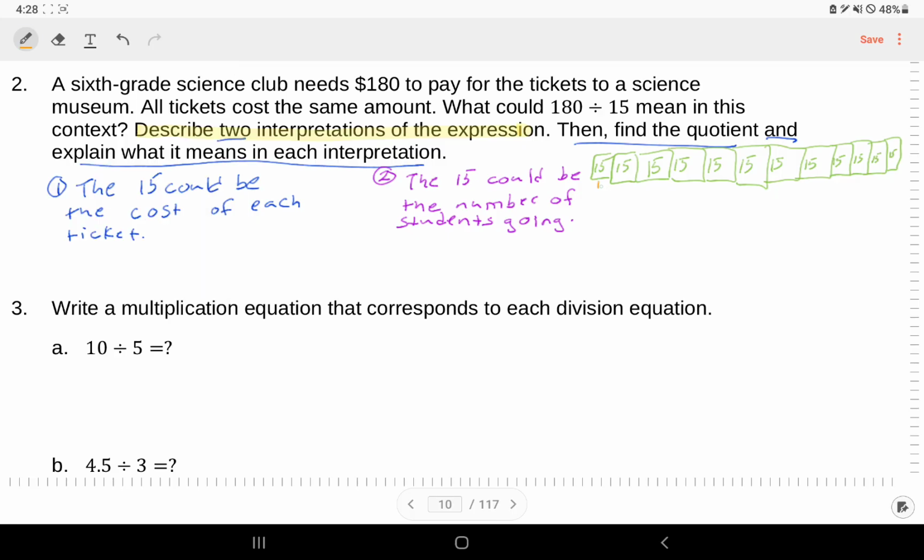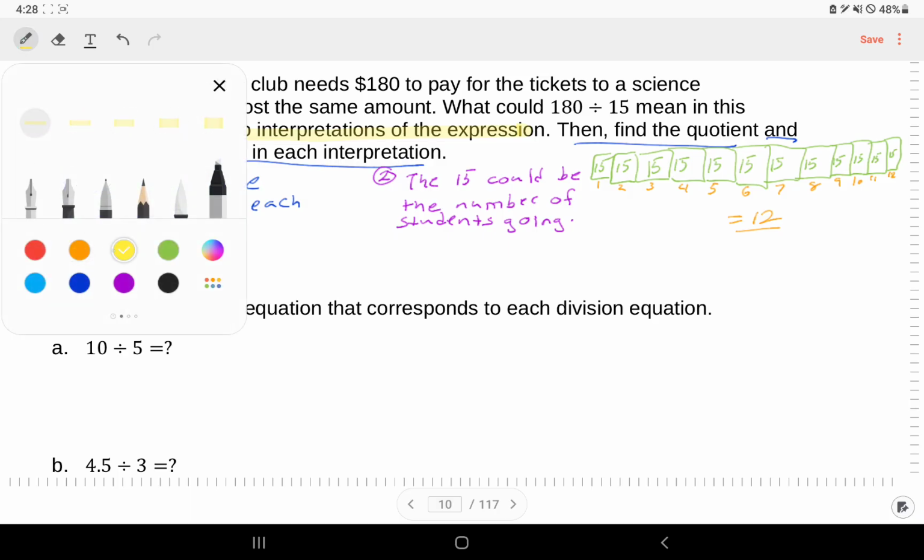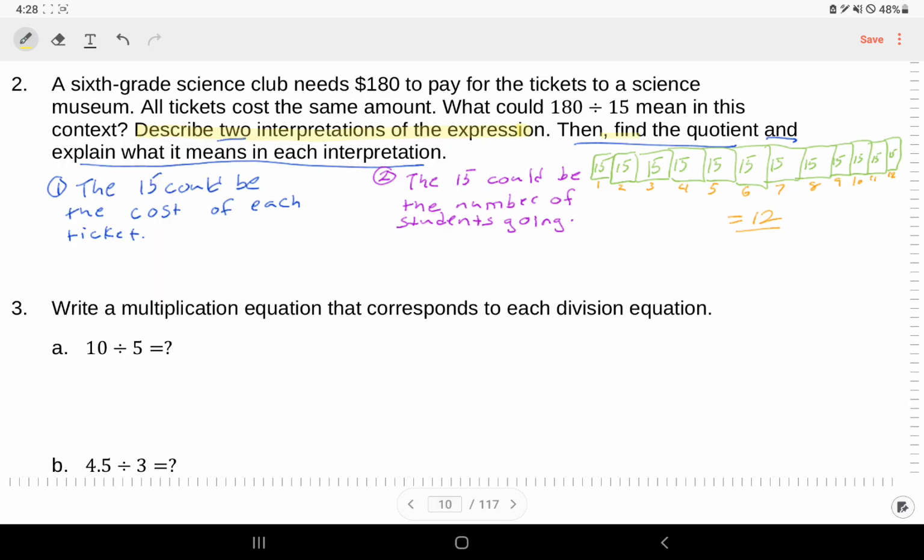And so that means 1, 2, 3, 4, 5, 6, 7, 8, 9, 10, 11, 12. So it equals 12. And so there's the quotient.